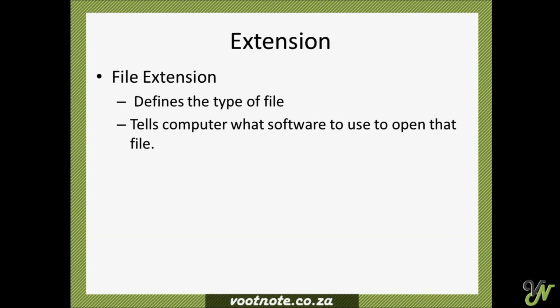So the file extension tells the computer what software to use when you're opening a file. If you open a JPEG file, it knows that it has to use a photo viewer. If you open an AVI file, it knows that it needs to open that file with a media player.